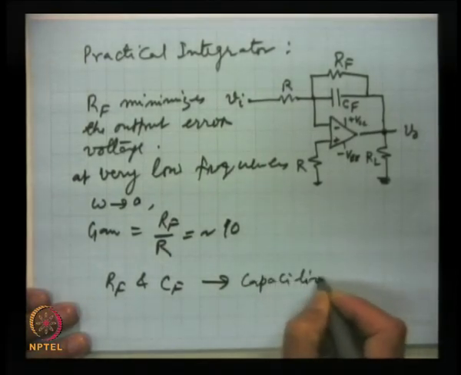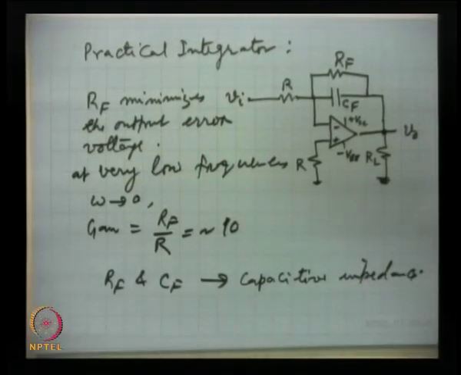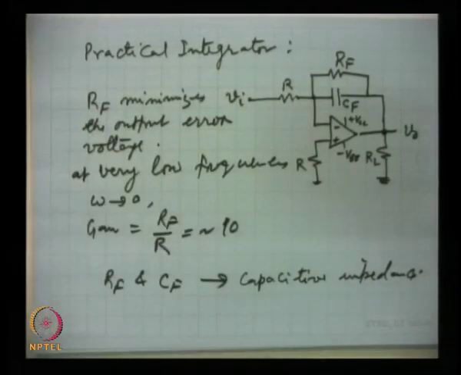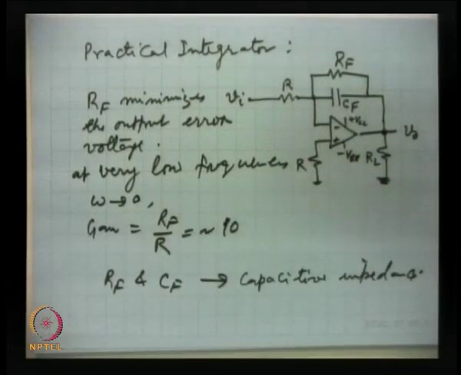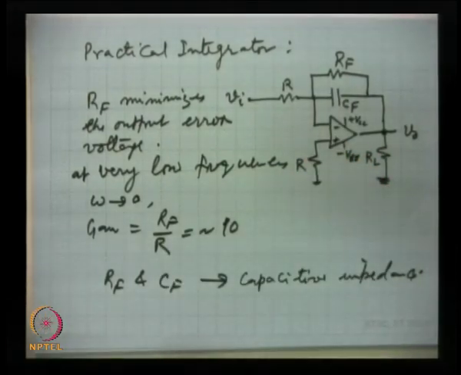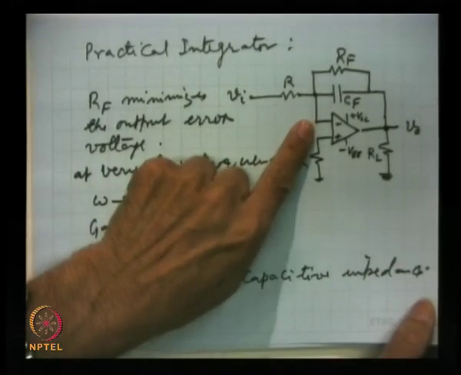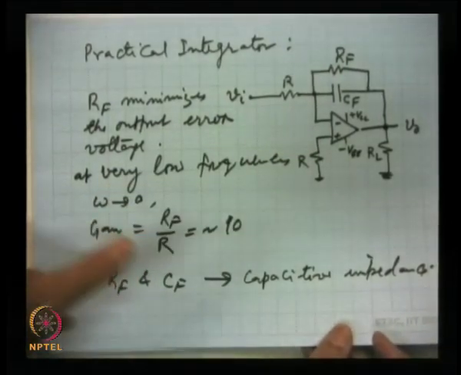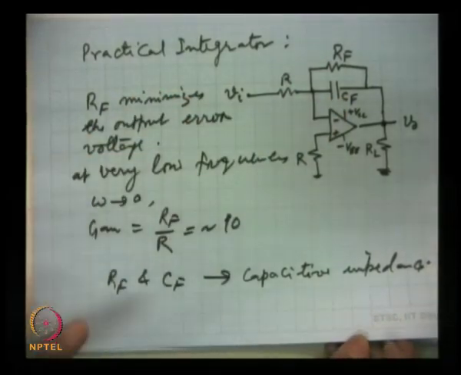So there is a restriction that at very low frequencies this circuit will not be a true integrator. What that condition is, we will just see. But this is the practical circuit, and the inclusion of RF modifies the performance.